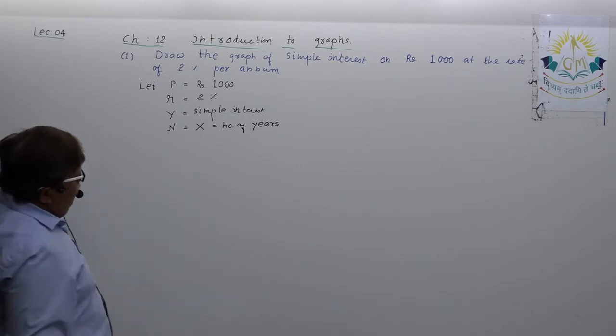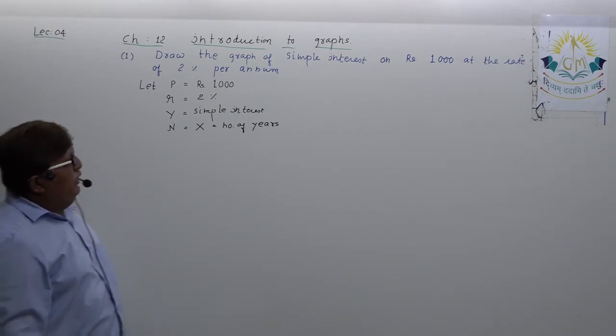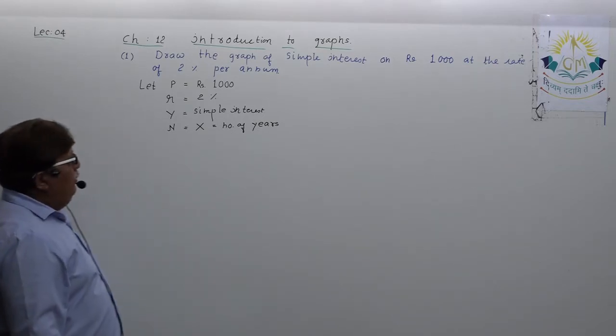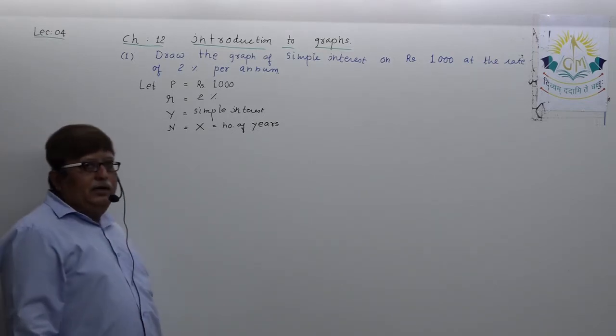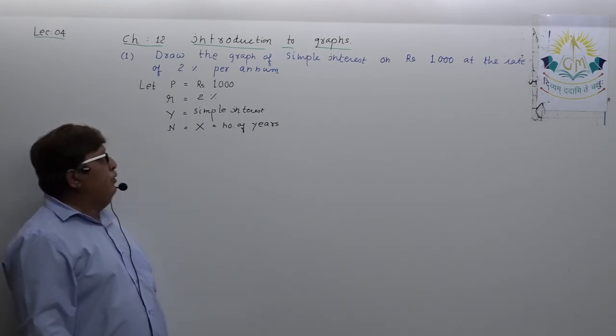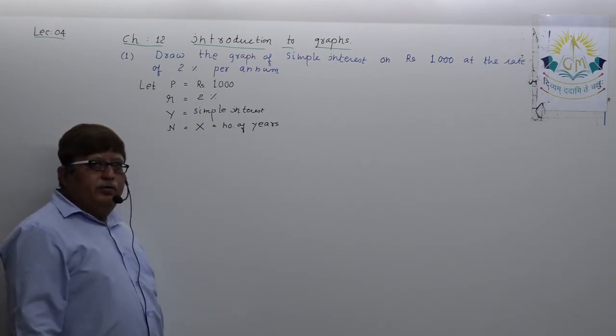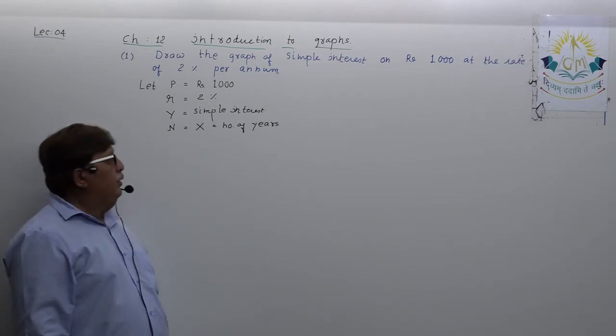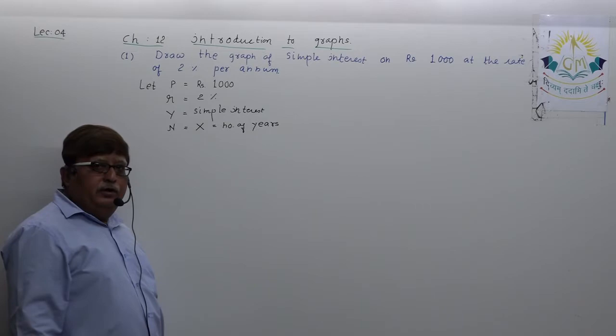P, that is principal, already given 1,000 rupees. R, that is 2%. We will suppose simple interest as y and number of years as x.